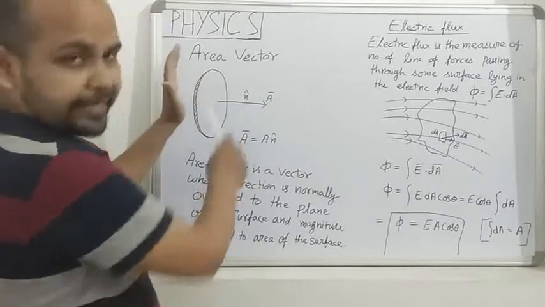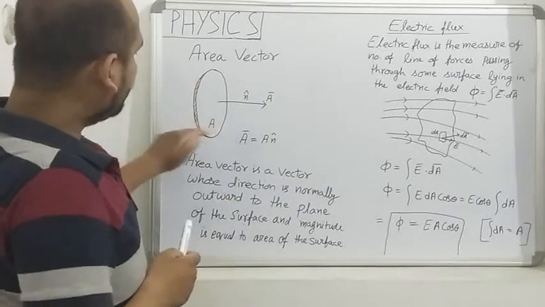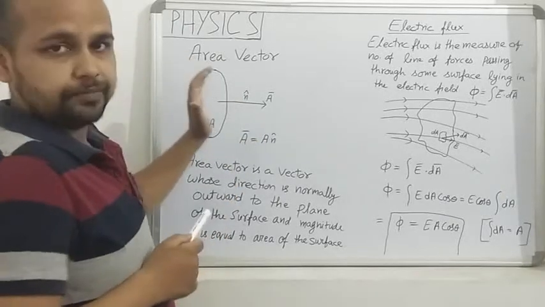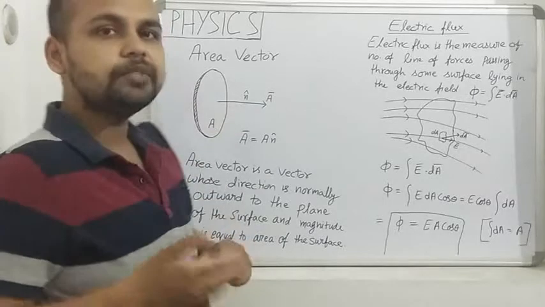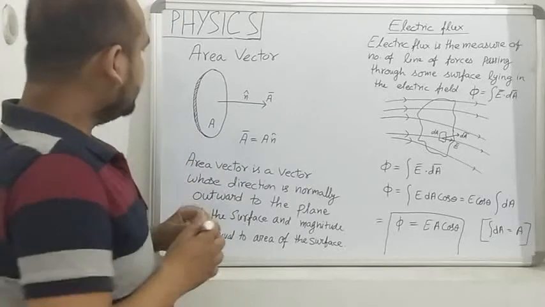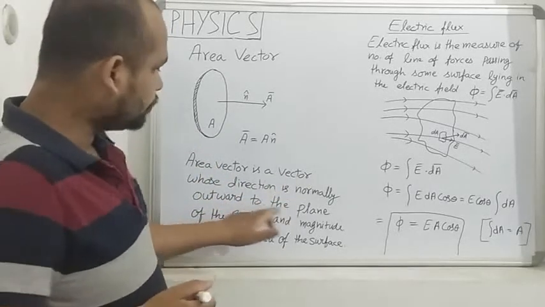It means, area of the surface. It means we'll take the area of this oval surface and that will be the magnitude of that vector. So such a vector is termed as what? Area vector.